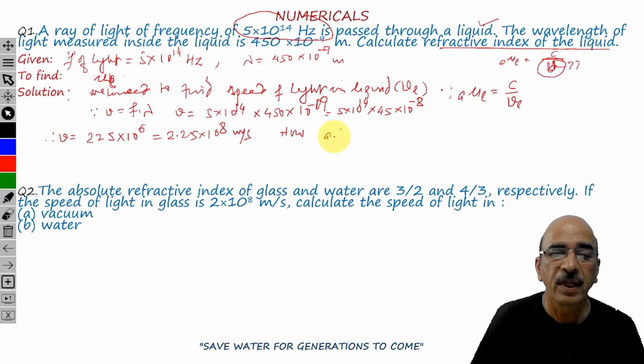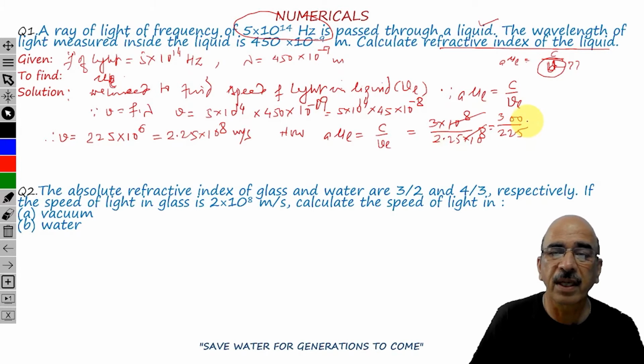Now refractive index of liquid will be C upon Vl, and C कितना है, 3 into 10 raised to power 8 upon 2.25 into 10 raised to power 8. So ये कैंसिल हो गया इसका, देखिए, and here what do we get, 300 upon 225. So 2.25 था, तो इसको हमने क्या कर दिया, 225 लिख दिया, and 100 because point is after 2 digits, so 300 हो गया.